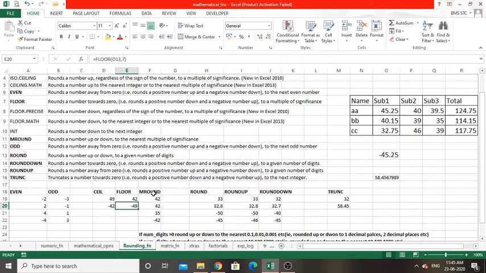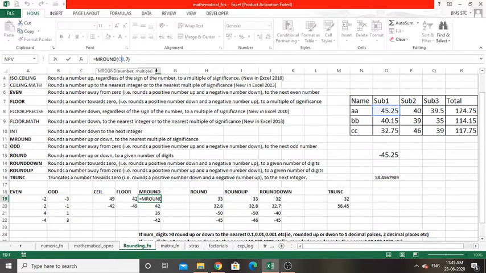Now let's move on to the MROUND function. What is the MROUND function? It rounds to the nearest multiple. Okay, let's see with an example. The first one is 45.25 and I am passing 7 as the multiple.